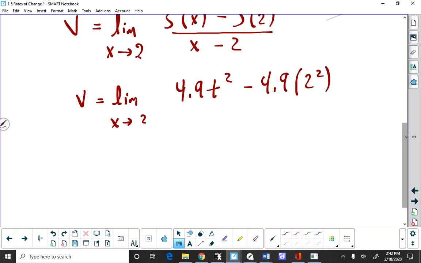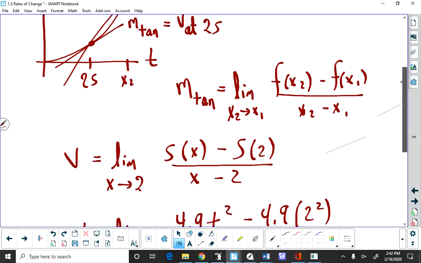Now, check this out. I am not going to figure out what 4.9 times 2 squared is, because I can take the 4.9 out and then just factor the difference of squares to get my x minus 2. And I realize right now as I'm talking, in this context, in this question, and I will change it for the next one, all my x's could be t's, right? They're times.